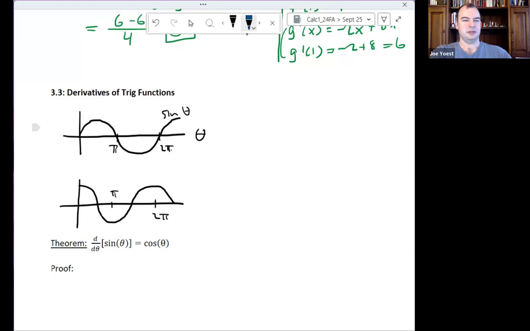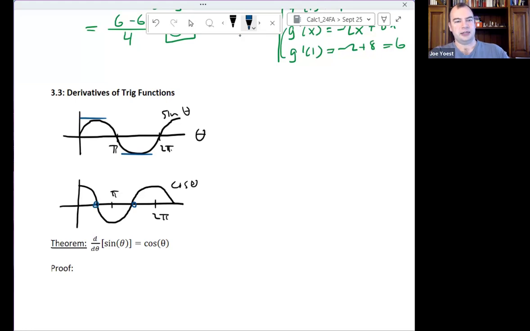If I imagine what the slopes of my tangent lines for sine theta look like, I see a couple of horizontal tangents of sine, and they correspond, and this is cos theta, to the 0 values of cos theta. So the slope 0 points of sine theta are the values of theta where cos theta equals 0.